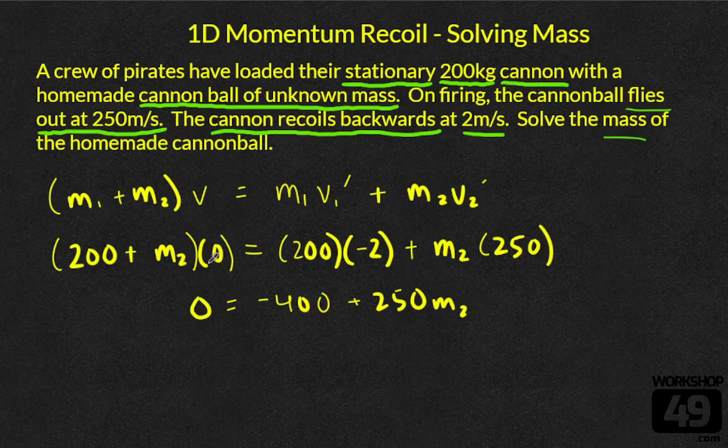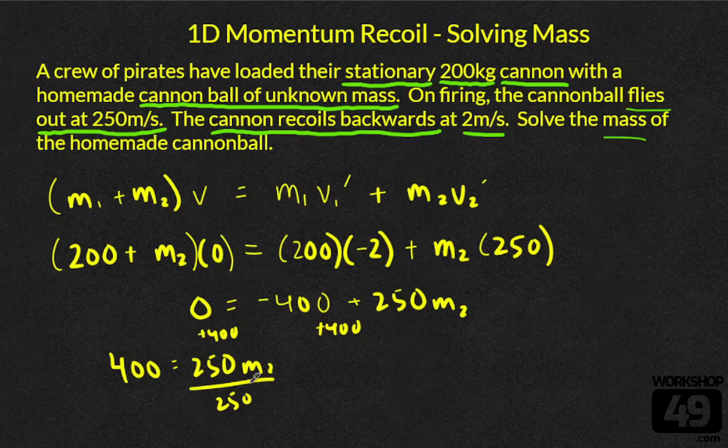Watch out for those stationary questions. Often my students have tricky times because they try and fill in numbers and they end up with a big mess. When you get those stationary objects, you smile to yourself because that's a nice big 0. And it's going to make this question much easier. We add 400 to both sides, and we end up with 400 equals 250 M2.